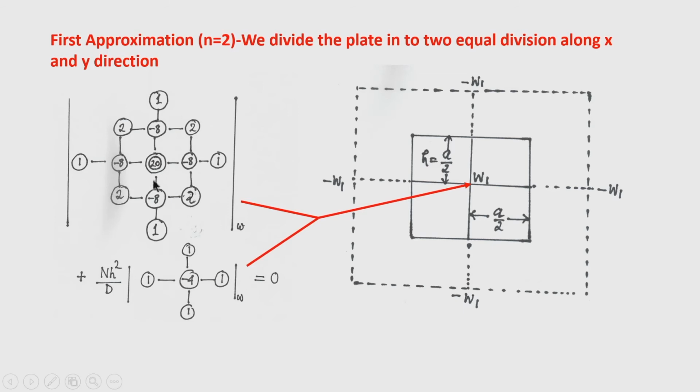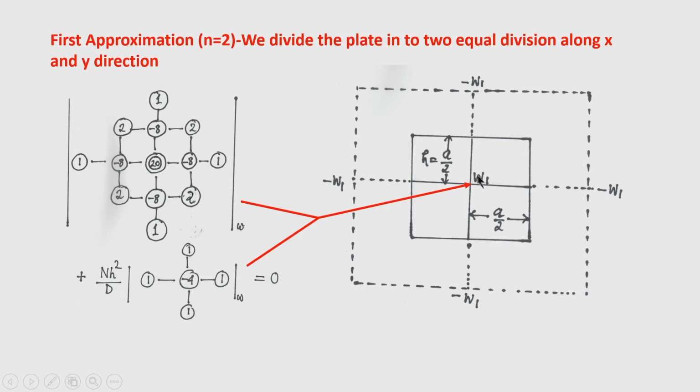Now, first we approximate with n equal to 2, that means the plate is divided into two equal divisions along x and along y direction. So, a square plate whose side was a is now divided into two divisions, a by 2 and a by 2. So, there are 4 divisions, and all other nodes fall on the boundary, therefore the deflection value will be 0.